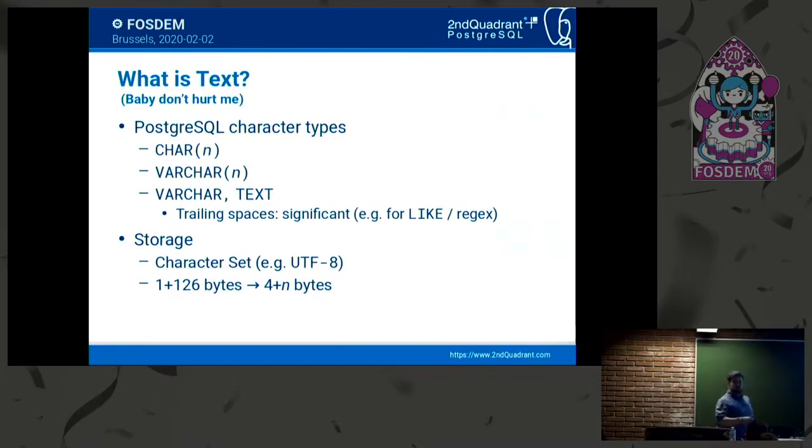And if you go over that limit, the storage changes to 4 bytes plus the length of your string in bytes. But there is no guarantee that this is the amount of space that it will take up on disk because of compression. And we also have TOAST, or the oversized attribute storage technique, which puts it in separate tables if it goes over the maximum length of your row.